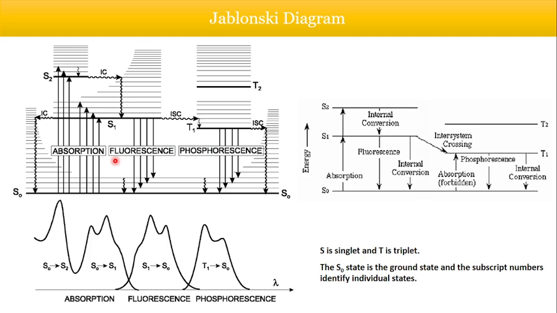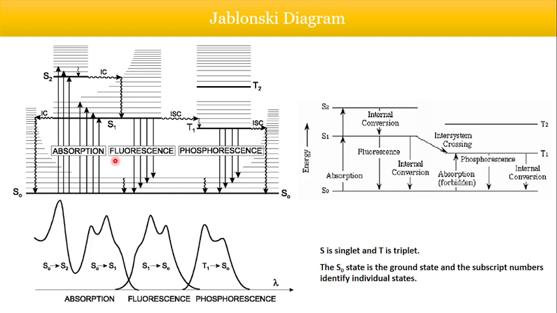Whereas now the electron is present in the Sn minus 1 level, but via intersystem crossing the electron moves to the triplet state of that same level, that is the Tn minus 1 level. Because the absorption has occurred in the Sn level, there can be not only Sn minus 1 to Tn minus 1, but also Sn minus 2 to Tn minus 2, or Sn minus m to Tn minus m.